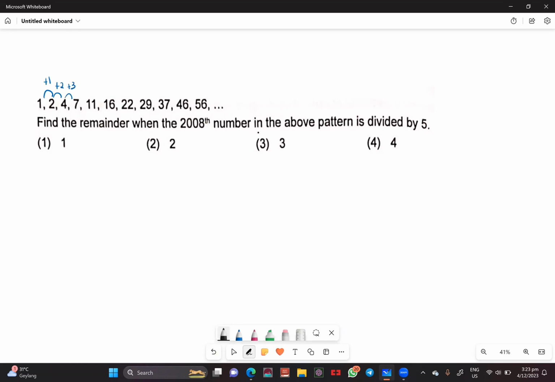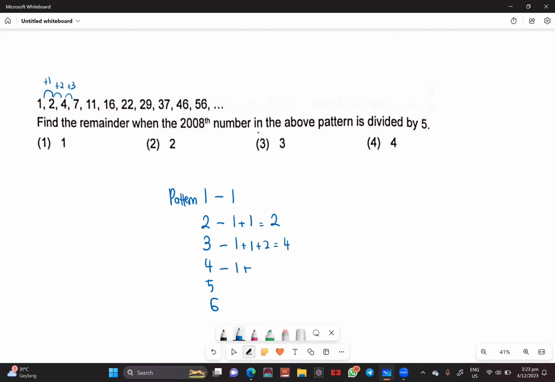Now, from here itself, what I can do is say that for pattern number 1, 2, 3, 4, 5, 6. For pattern number 1, it is basically 1. For pattern number 2 is 1 plus 1, which is equals to 2. For pattern number 3 is 1 plus 1 plus 2, which is equals to 4.